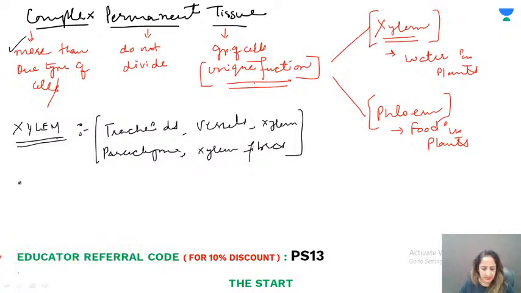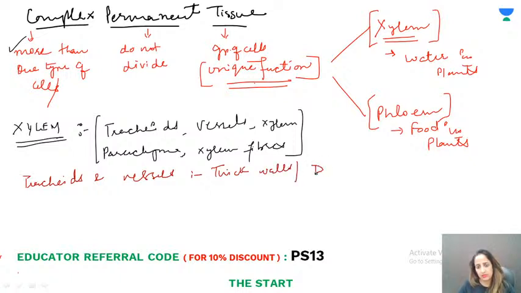All right, guys. So tracheids and vessels. Tracheids and vessels have thick walls, and they become dead when they are mature.